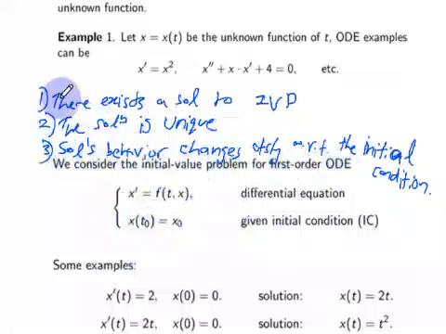So first, there exists a solution to this initial value problem. The second, the solution needs to be unique. The third, the solution's behavior changes continuously with respect to the initial condition. Then we say this problem is well posed.